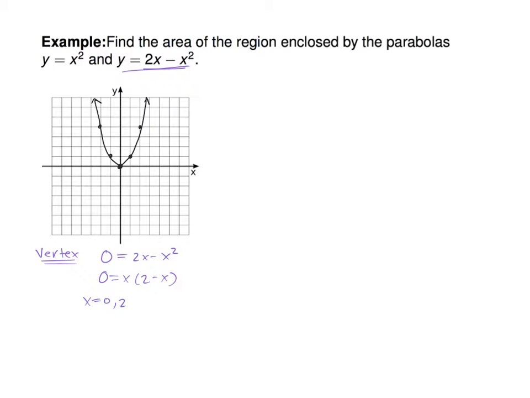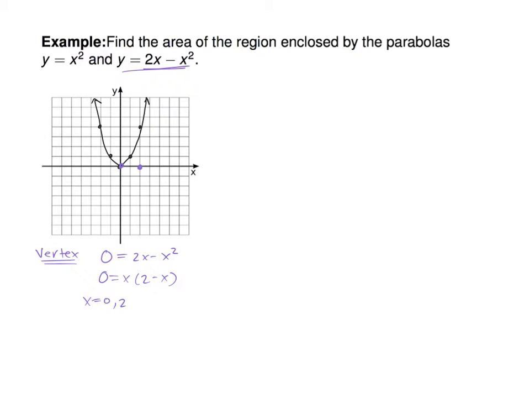It crosses the x-axis at 0 and 2. And because you have a negative coefficient in front of the x squared, is it a right side up parabola or an upside down parabola? Upside down. I call those sad parabolas because they're like frowny faces. Negative, sad.